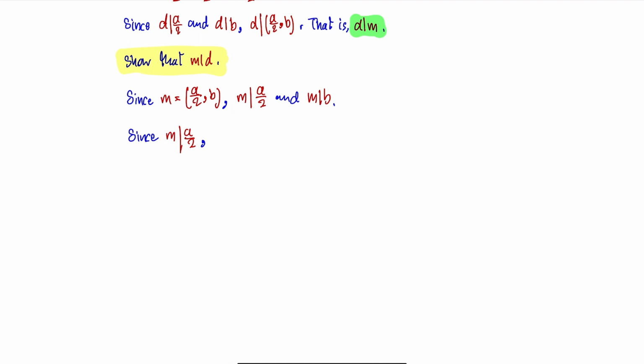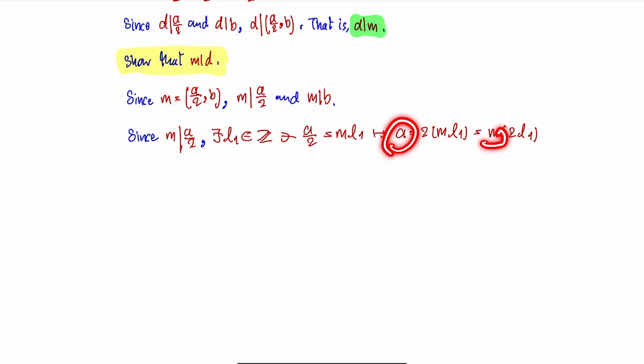Since m divides a over 2, what happened? We will have an integer, let's say l1, such that a over 2 equals m l1. That means that a equals 2 times m l1, which is m times 2l1. That means that m divides a, because 2l1 is an integer.